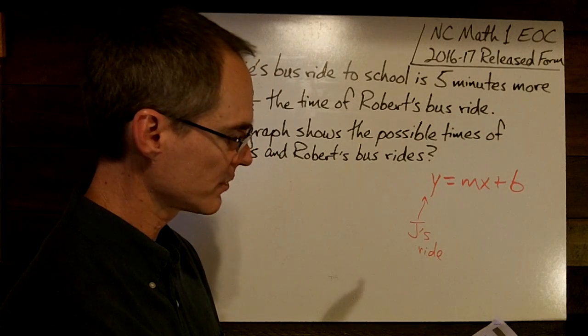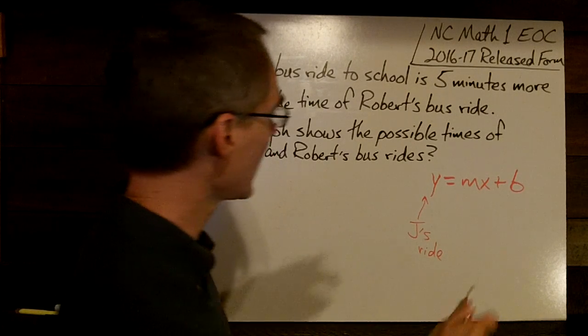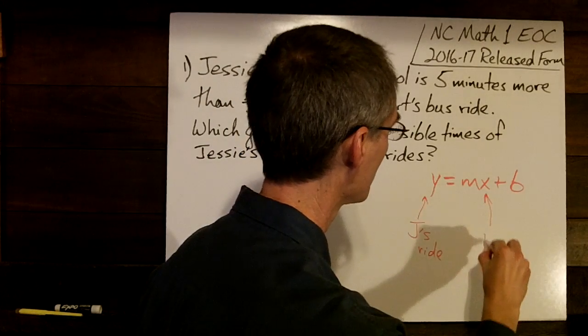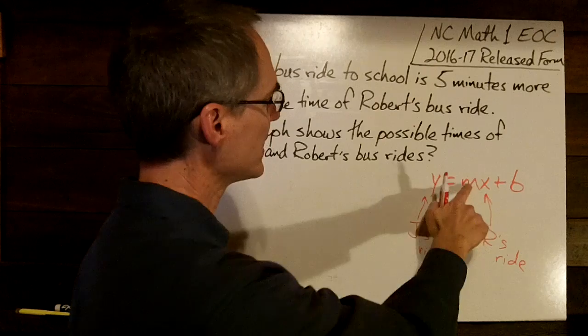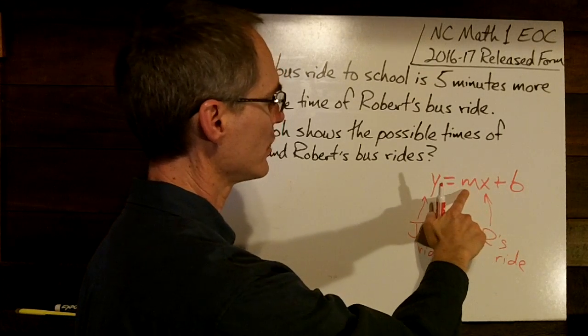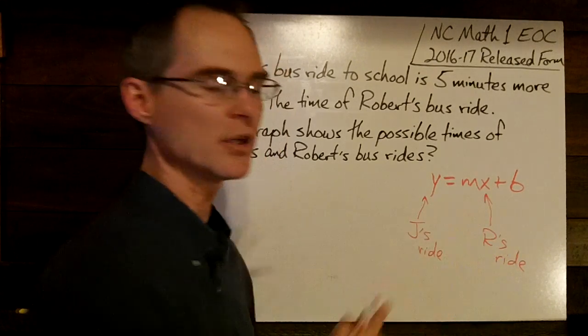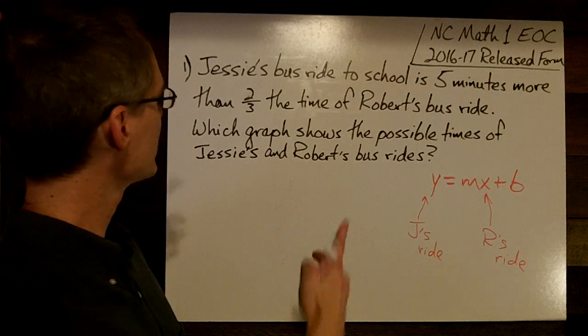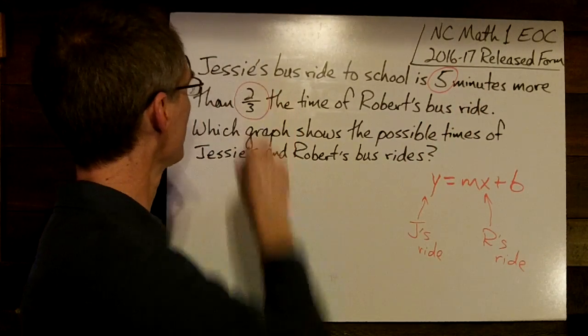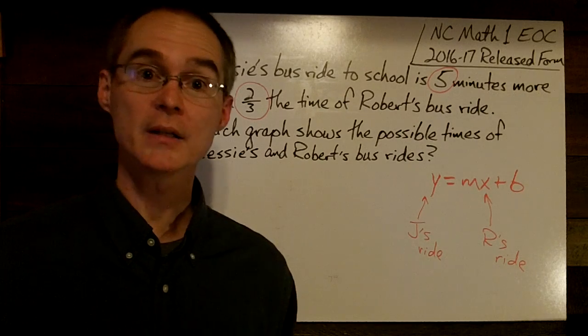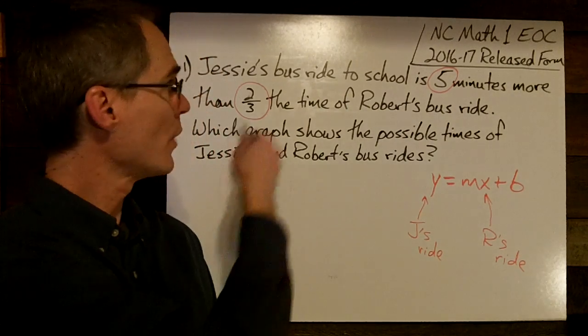And the x, the independent variable along the horizontal axis, represents Robert's bus ride. That leaves m and b, where m stands for the slope and b stands for the y-intercept. Also notice that I have 2 numbers up here in my sentence, 5 and 2/3, which might give some of you an idea of where this is going.